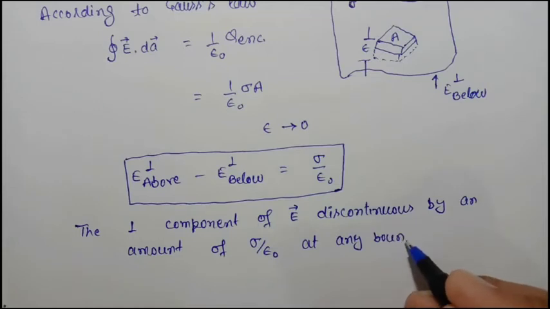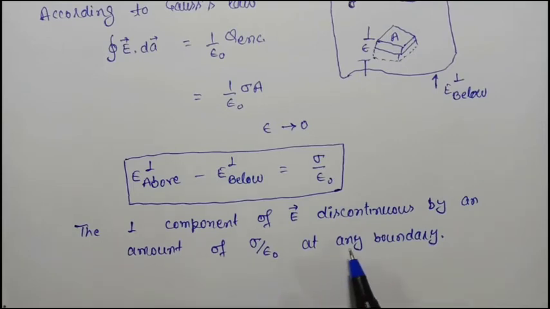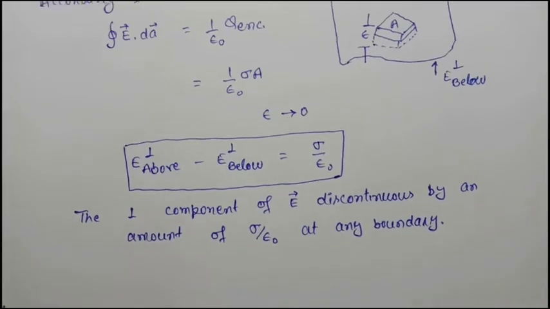Okay, so the perpendicular component of electric field is discontinuous by an amount of sigma over epsilon naught at any boundary. So this is the case when we have a perpendicular component.